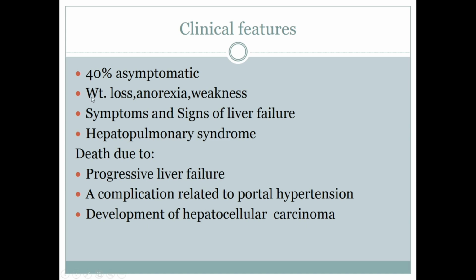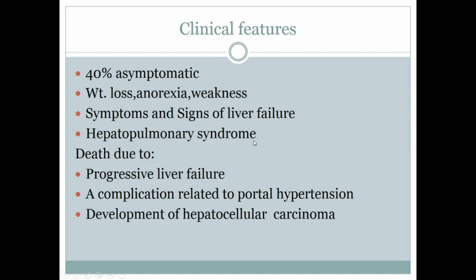Okay, they will have weight loss, they don't mind. Anorexia, they don't mind. Weakness, they don't mind. Okay, only when they go into a stage of liver failure, then only they start minding, and it has already become too late. Okay, and you already know the symptoms and signs of liver failure, so please go through it.